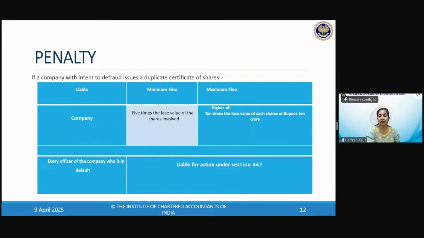So after that, we have discussed the penalty. I told you it's a very important penalty. All of you have learned it. 5 times of the share value involved and 10 times, or maximum fine will be rupees 10 crore, whichever is higher.